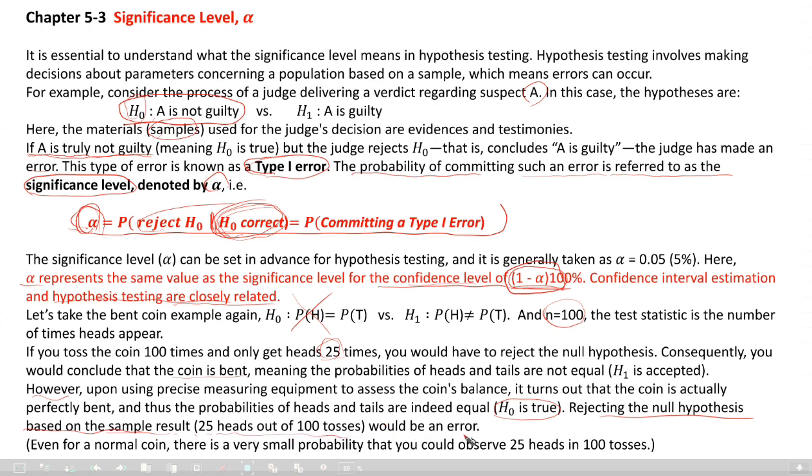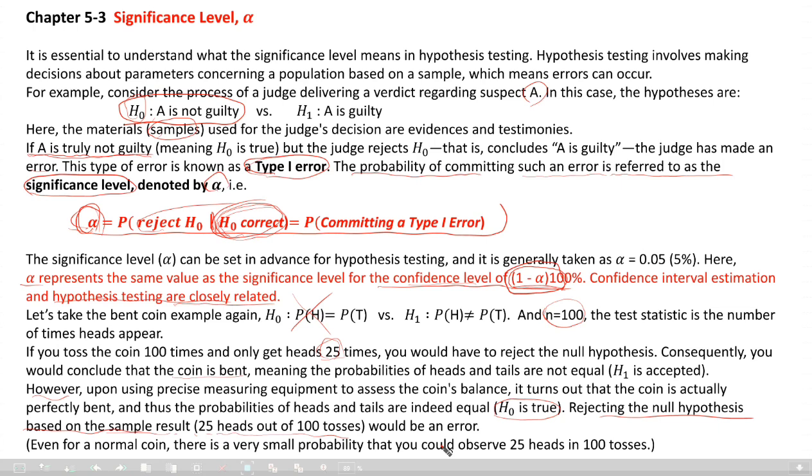You understand that? Even for a normal coin, there is a very small probability that you could observe 25 heads in 100 tosses. Even though it is a very small probability, you can get a result of 25 heads out of 100 tosses for a normal coin.